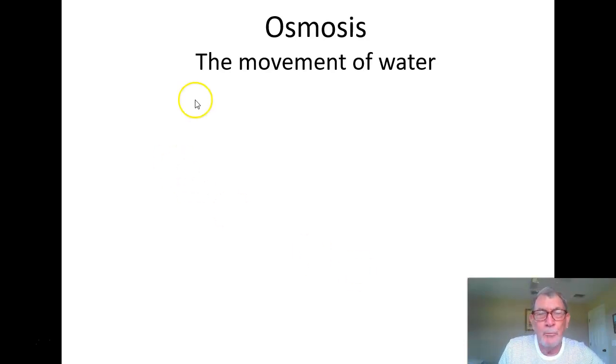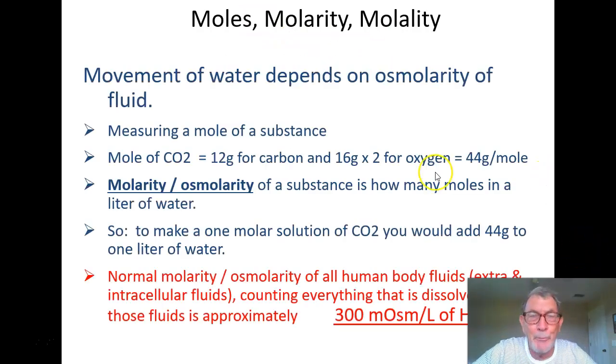And water, because we have so many holes that it can go back and forth whenever it wants, if we want to move it, we can't pump it because it'll just go back through a hole. So if we want water to move from one side of a membrane to another, we're going to have a mechanism for moving it across. And this is going to be osmotic pressure.